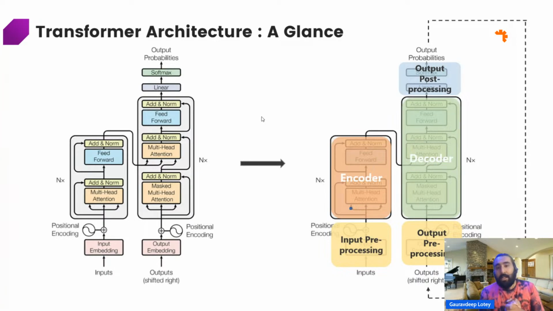Then the real magic is in the multi-head attention, where there are multiple layers of attention mechanism, and each of these layers brings something phenomenal, which makes LLMs like ChatGPT or Gemini so interesting.